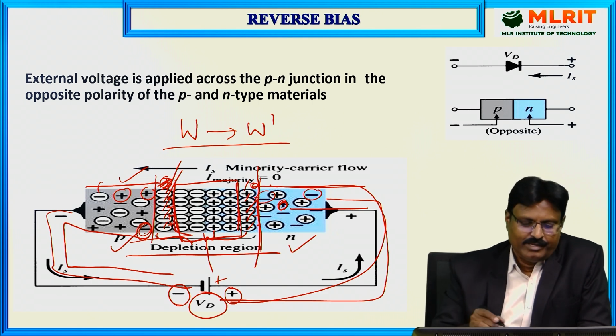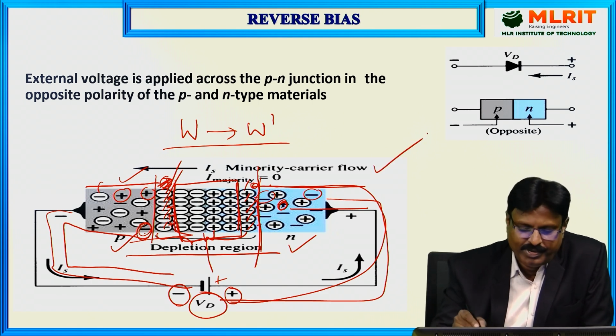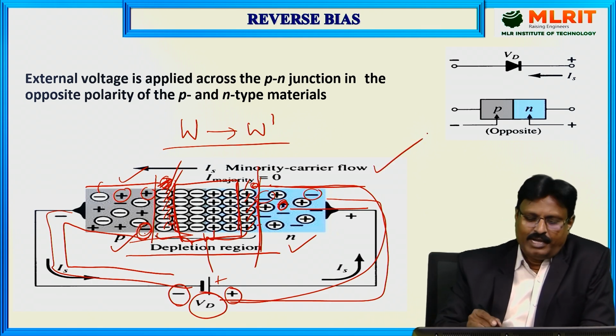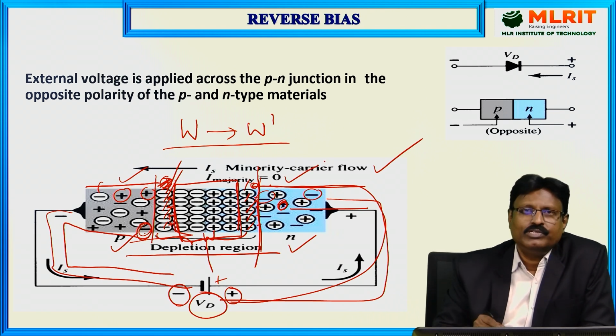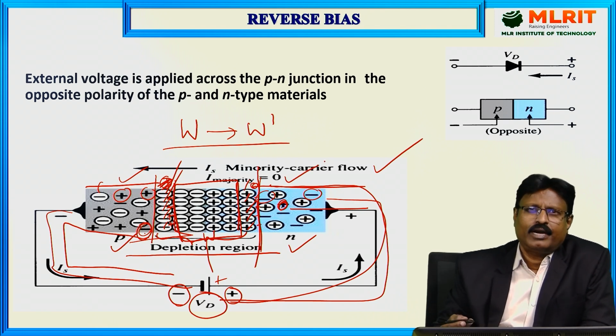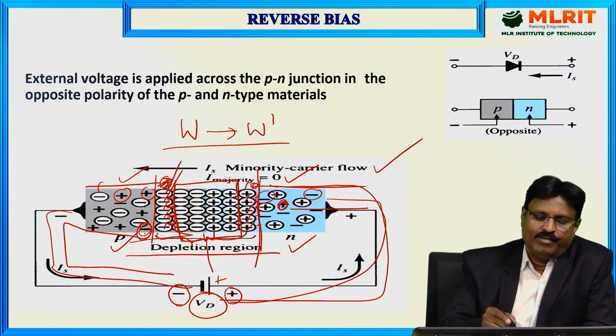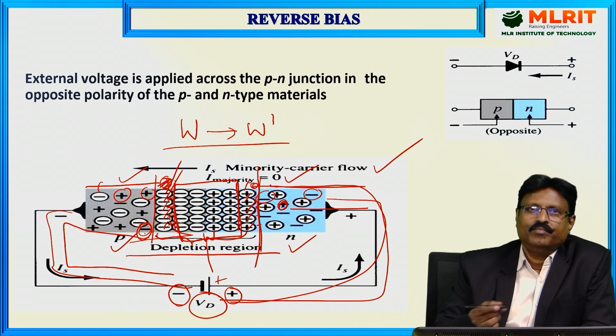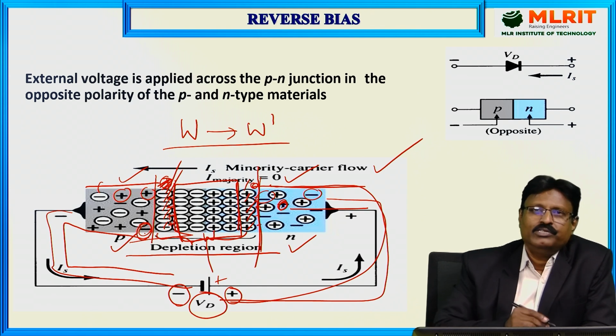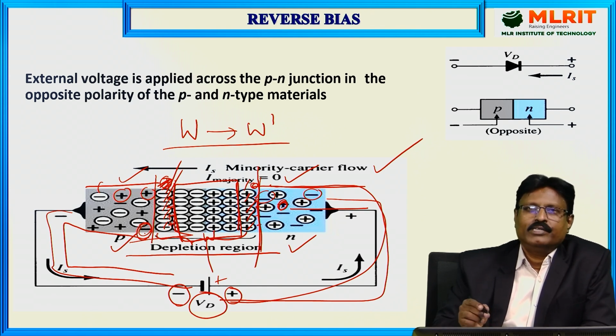As you can see here, only the minority carrier flow is there and the majority carrier flow is equal to 0. Majority carrier flow means the current due to the movement of majority carriers. Why? Because majority carriers are not crossing the junction, whereas the minority carriers come into the picture by crossing the junction. That's why a smaller current will flow under reverse bias.